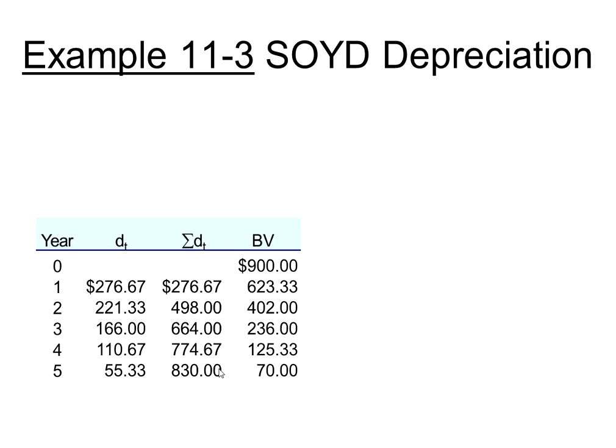And finally, this 830 is the sum of all those depreciations that we had. So 830 is subtracted from 900 and we get 70.